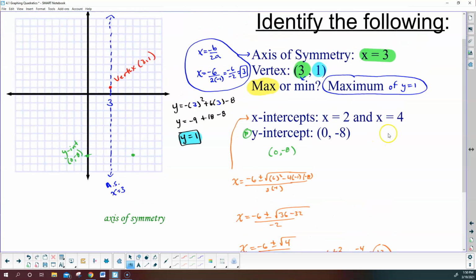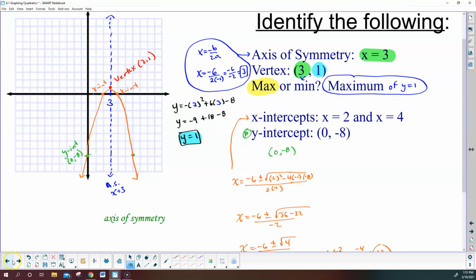But now I can actually do a really nice graph. I can go over 2 and have a 0. I can go over 1, 2, 3, 4 and have the other 0. And notice I've got my really nice graph, 5 points.